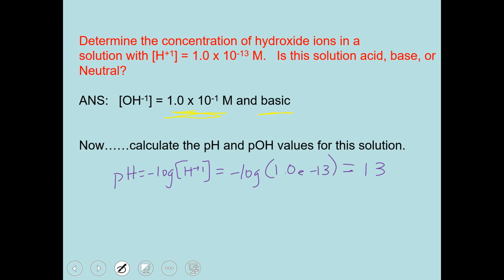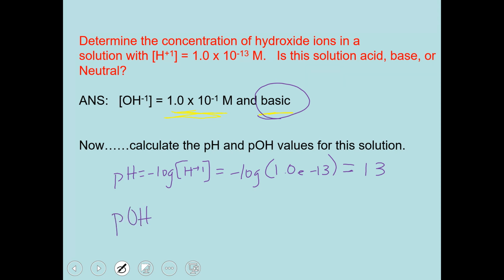Everybody should practice punching that into your calculator to make sure you know how to use it. And if you aren't getting that answer, check with a classmate or a teacher, maybe a math teacher, if you can't get help from anyone in this class. But this solution has a pH of 13. We had said this solution was basic, and that corresponds. 13 is a pretty strong base.